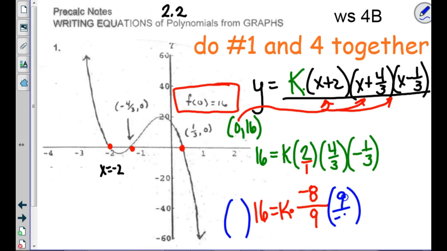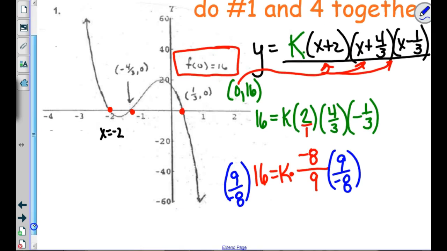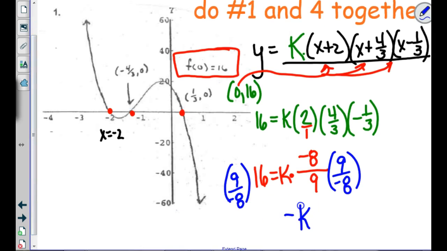Yep, multiply by the reciprocal. So over here we get K equals what's 9 divided by -8 times 16. -18.